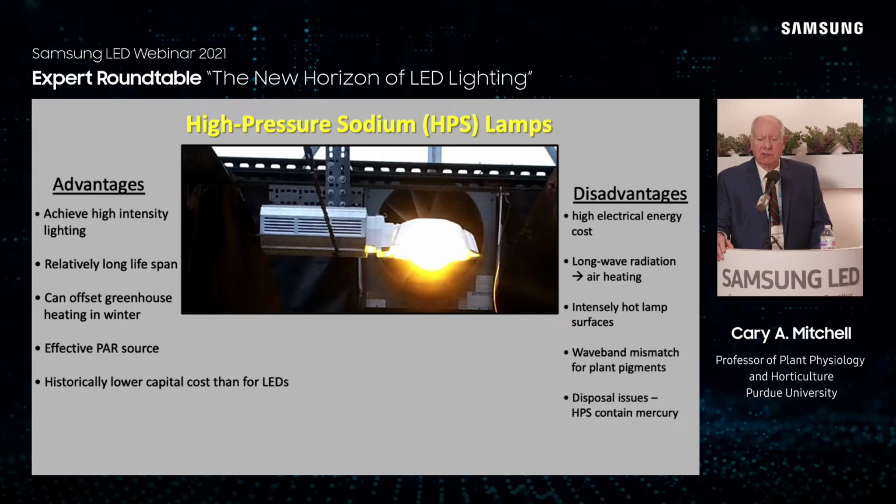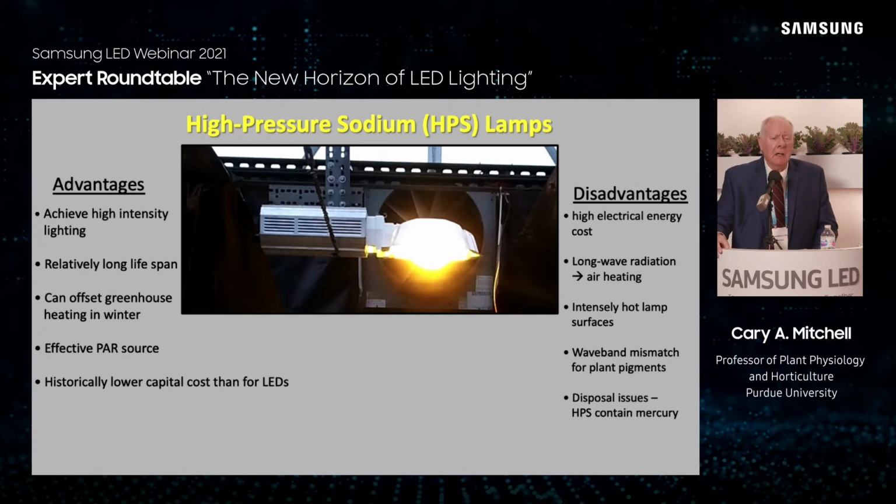So to finish up here, let me just mention, echoing some of what Ash said, the industry standard has been the high-pressure sodium lamp. It has advantages, it has disadvantages. You can get high intensity with HPS. Typically, you go to 1,000-watt lamps that are mounted high in greenhouses.